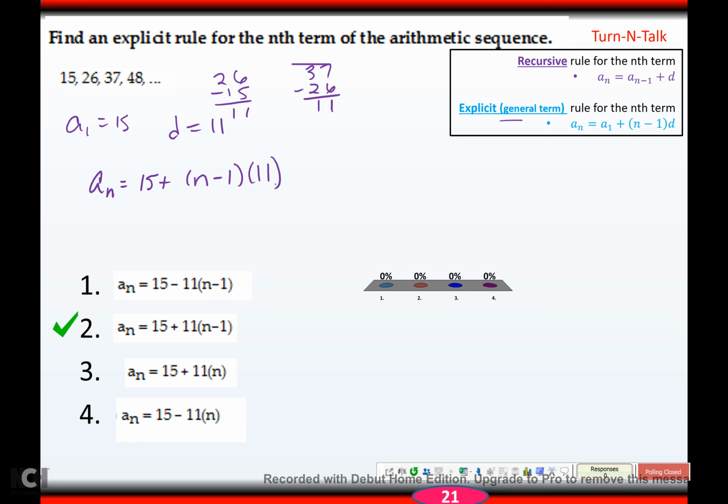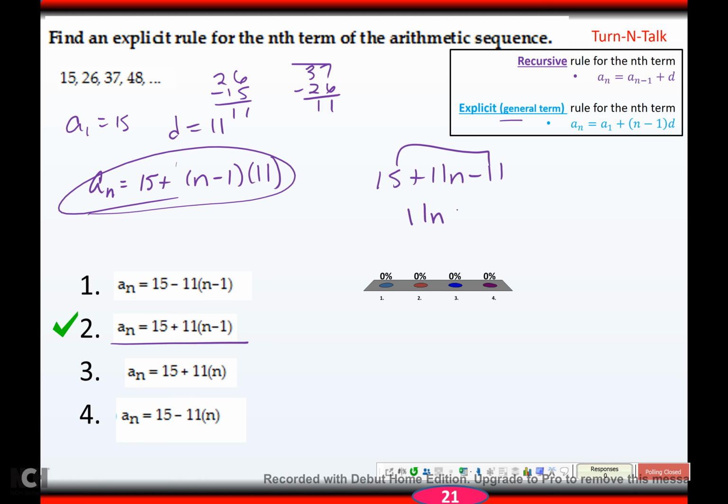Actually, they didn't simplify that. They left it 15 plus 11 times n minus 1. They just put the 11 in the front. I would have simplified it and got 15 plus 11n minus 11, combine like terms, 11n plus 4. That's my explicit rule.